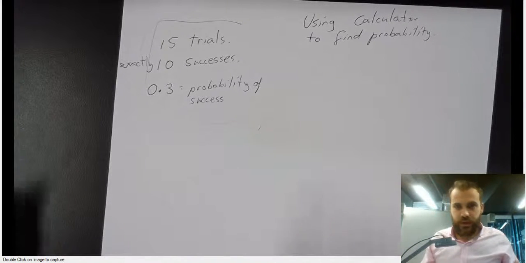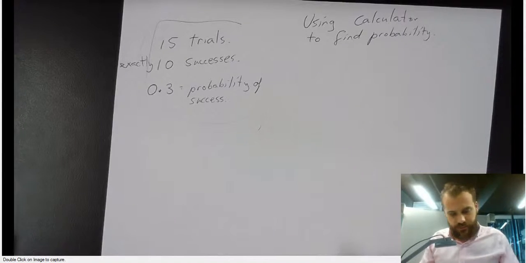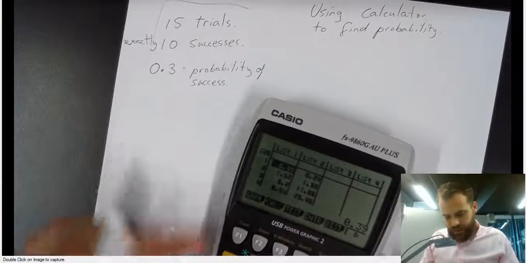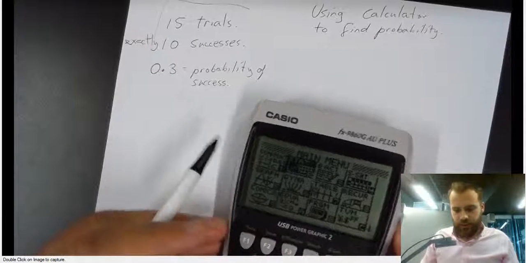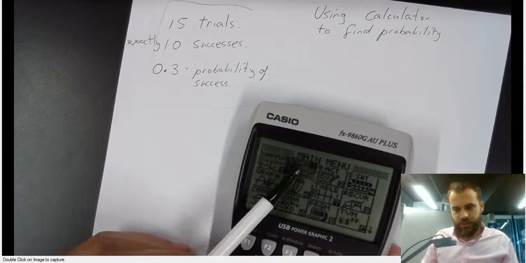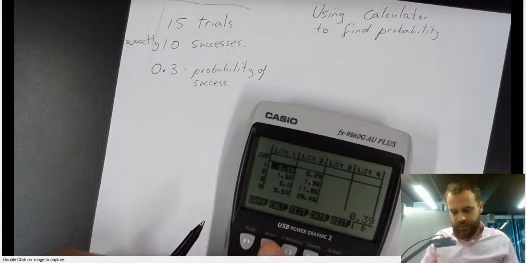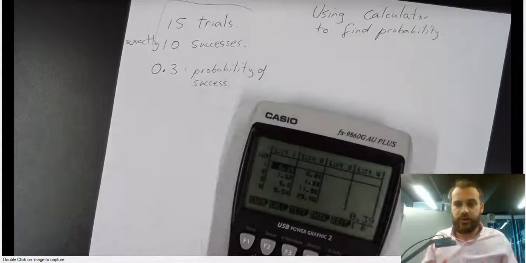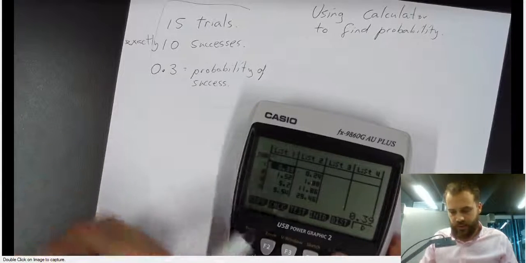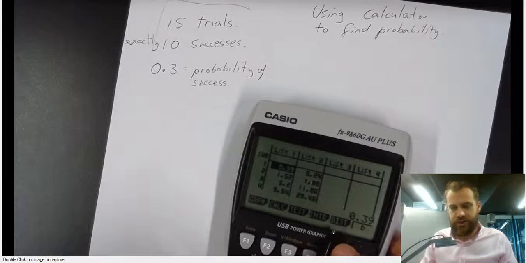Okay, so the way that we do this is solely on our calculator. Over here. Now, I'll just go into menu. Now, I'm not going to use this mode. I'm going to use this mode. It's our stat mode. And then from there, when we're talking about binomial, we're talking about binomial distributions. Okay, so that means that we use our DIST button.